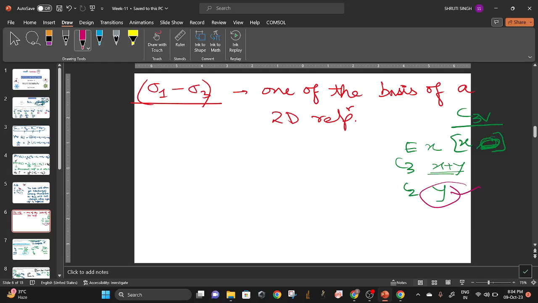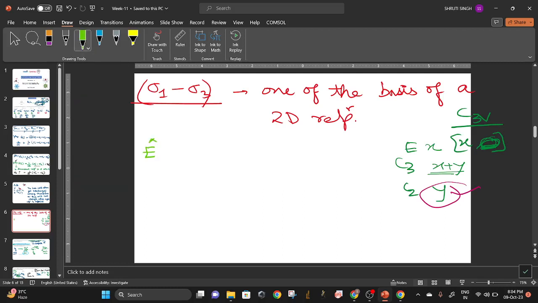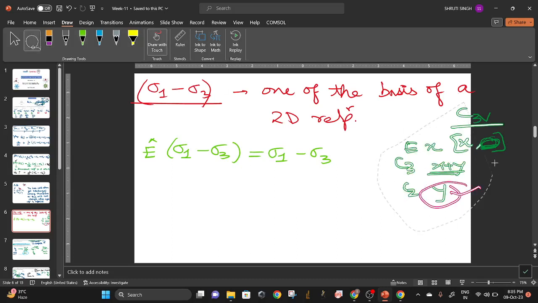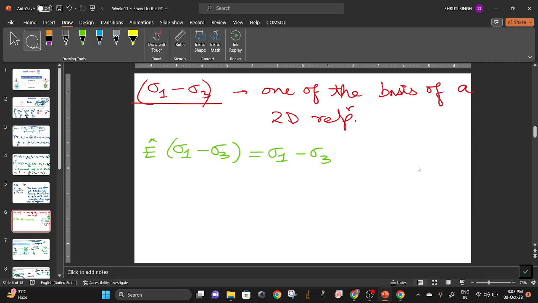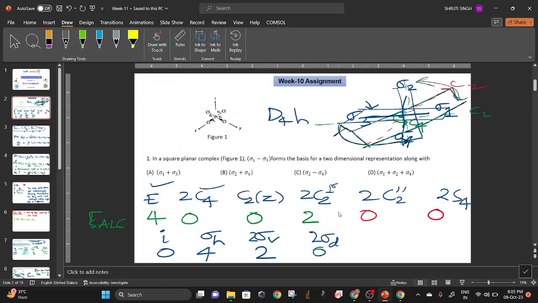So that we will do by applying symmetry operations on this, and we will see to what basis it gets transformed. So let me explain. When I apply E on sigma 1 minus sigma 3, nothing will change, so it will be sigma 1 minus sigma 3. Next I'm applying the operations of the D4h group only.